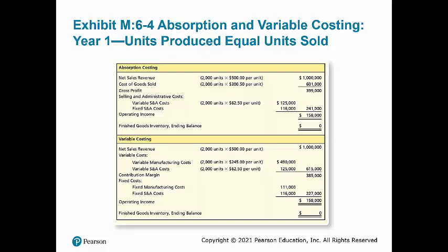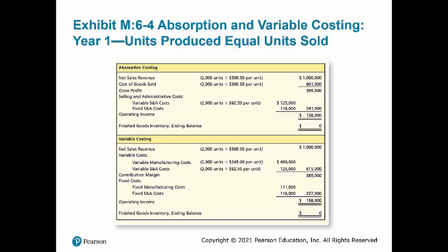The reason is that all fixed costs are expensed. In other words, because the ending finished goods inventory balance is zero and there are no production costs assigned to the inventory accounts, all costs incurred have been recorded as expenses and deducted from revenues on the income statement.